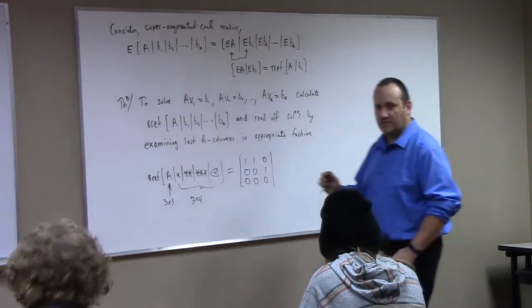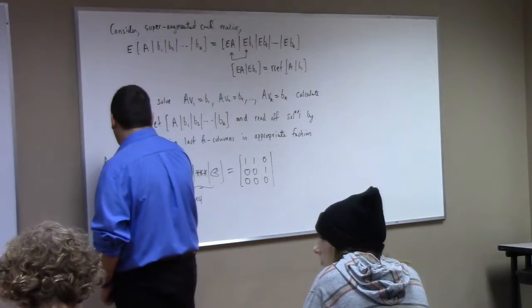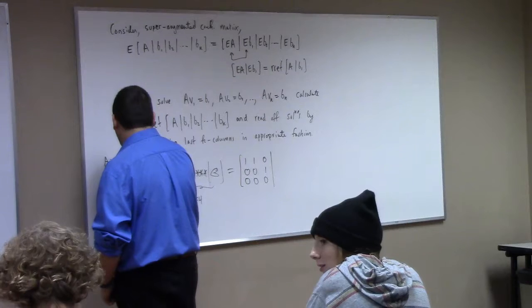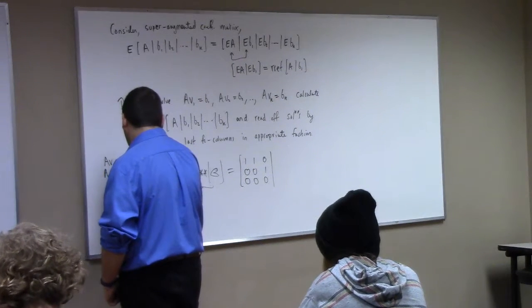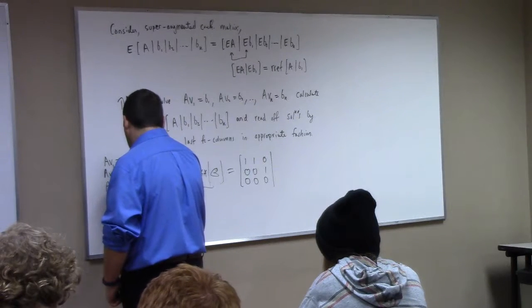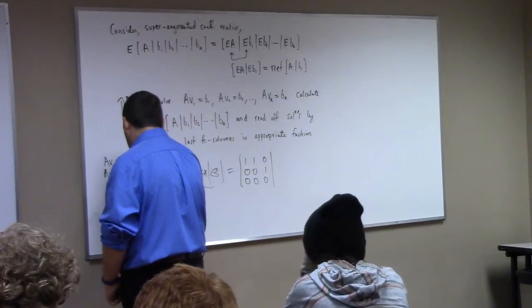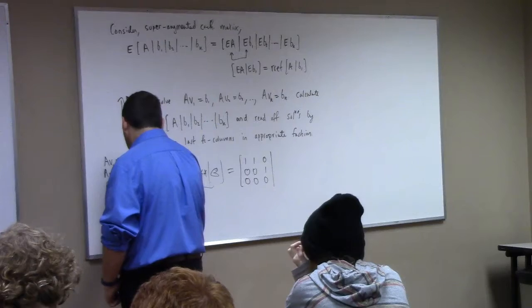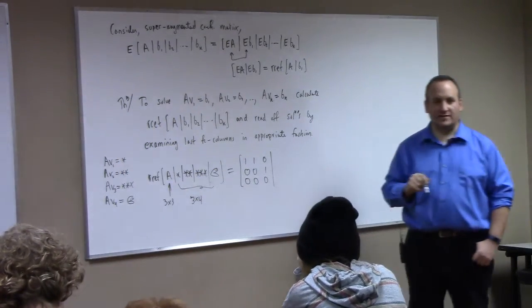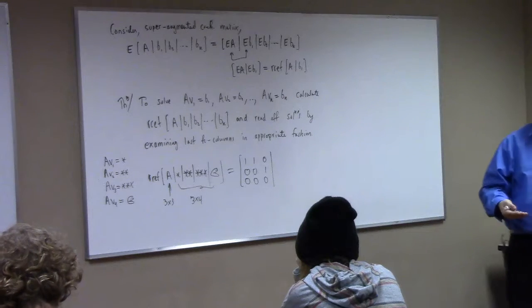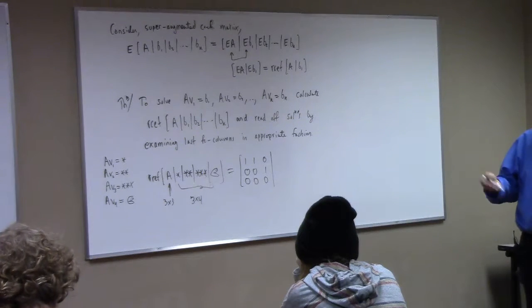The 4 separate systems I'm solving are Av1 equal to star, Av2 equal to star, star, Av3 equal to star, star, star, and Av4 equal to Pac-Man. So these 4 systems can be solved simultaneously by this one row reduction of the super augmented matrix.